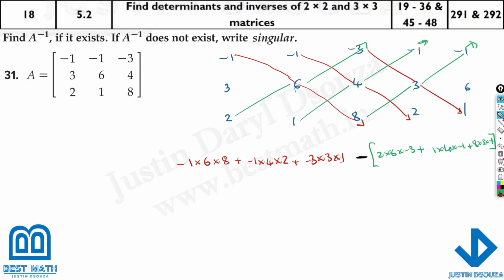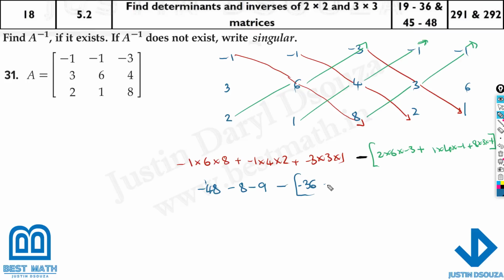You can solve it all at once or you can do it one by one. It's up to you. So here what I'm going to do is 8 times 6 is 48, so minus 48. Then plus, over here it's minus, so it'll be minus 8. Minus 3 times 3 is 9. Subtract the entire thing by this: 6 times minus 3 times 2 is minus 36.